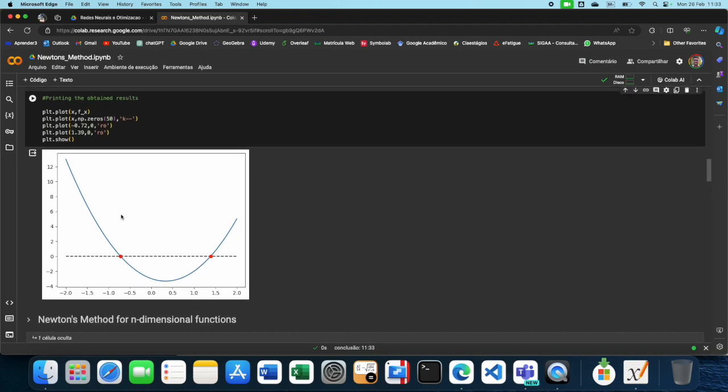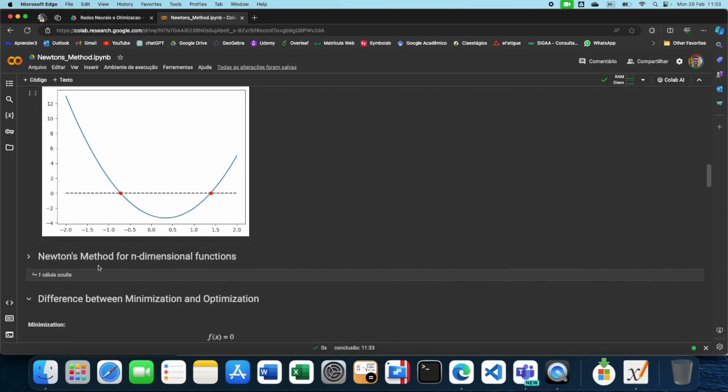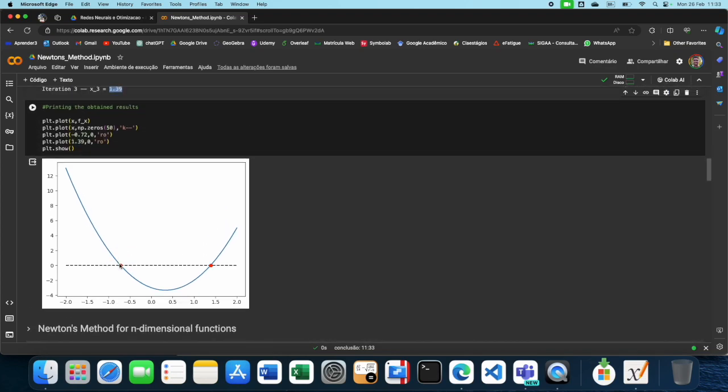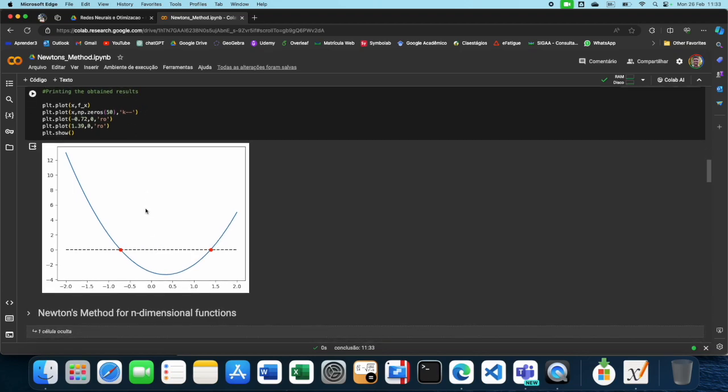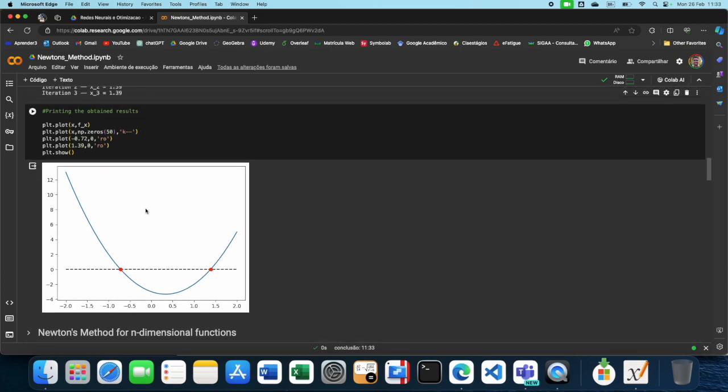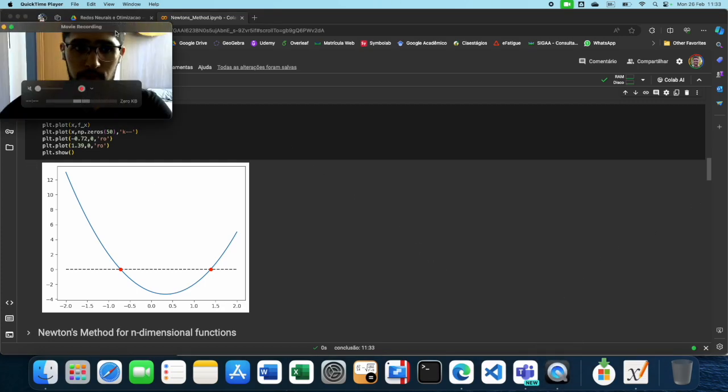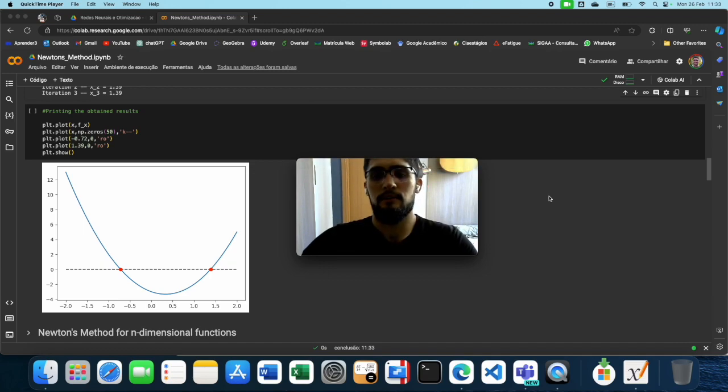But in optimization we do not want to find the zeros of the function f. What is the difference between optimization and this method of finding the roots? We are going to see. But we also know that in neural networks we have n-dimensional functions.